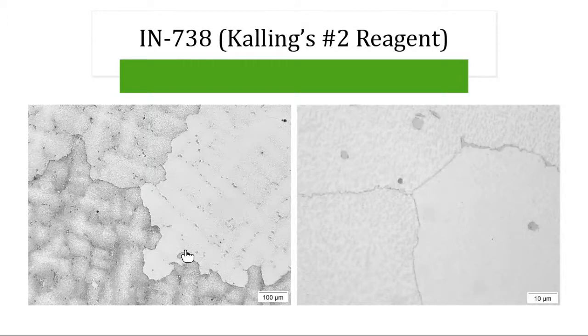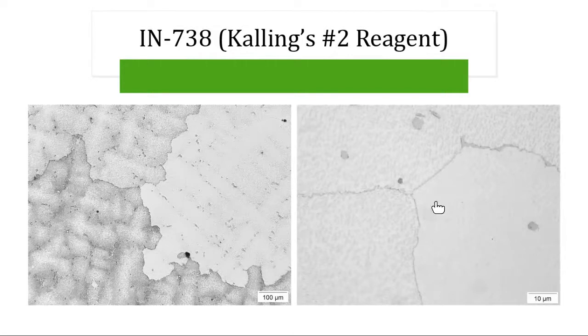I still have porosity, and the porosity is located at grain boundaries. This right here is at a grain boundary. That makes sense because when a metal solidifies, it shrinks, so it will shrink in areas where the grains come together.